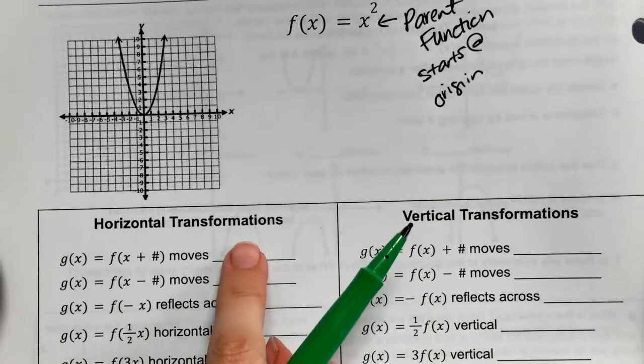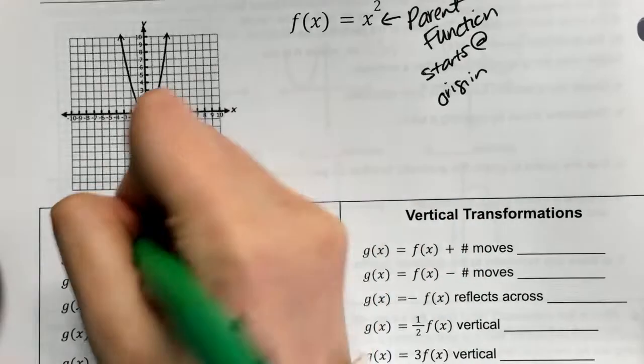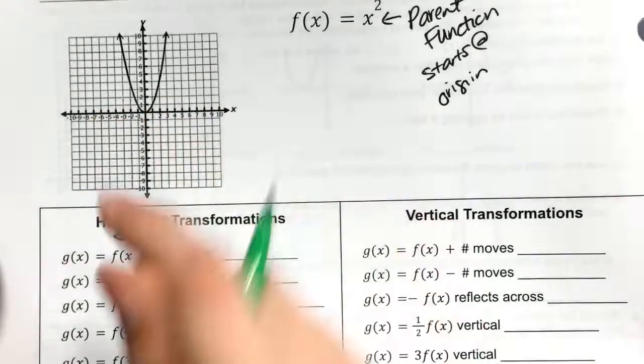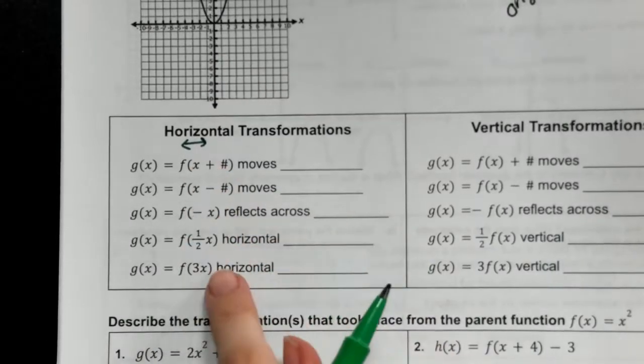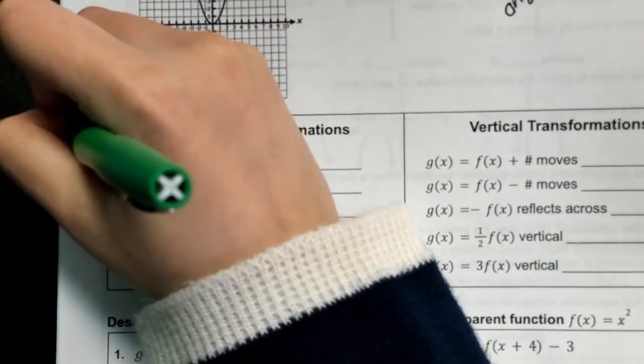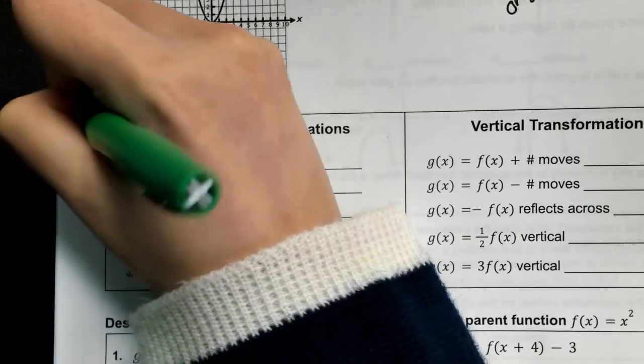Now for horizontal transformations, we know that horizontal means you're going left and right. We've seen this similar when you've done linear transformations. If you remember, horizontal transformations are transformations that happen inside the parentheses.